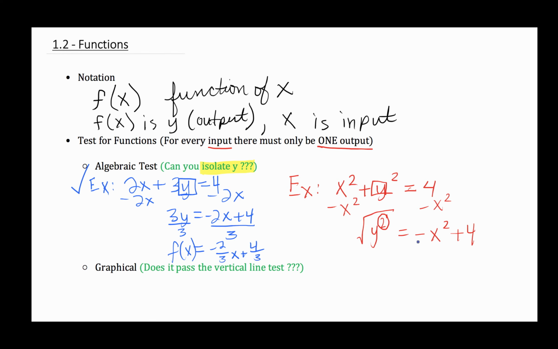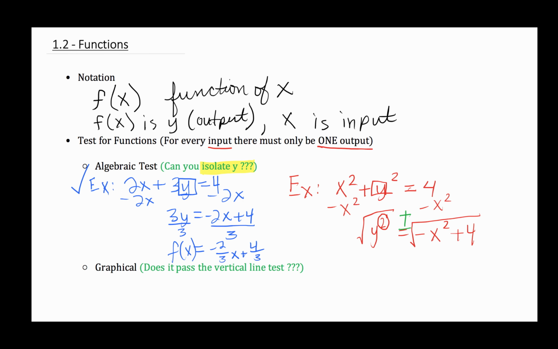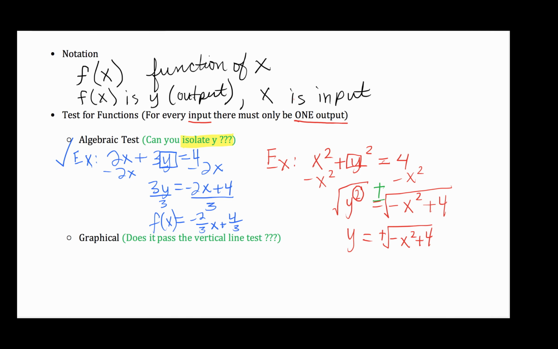But in doing that, remember with the square root, we have both a positive and a negative result. So when I do this, I get y equals positive square root of negative x squared plus 4. And we get that y equals the negative square root of negative x squared plus 4.